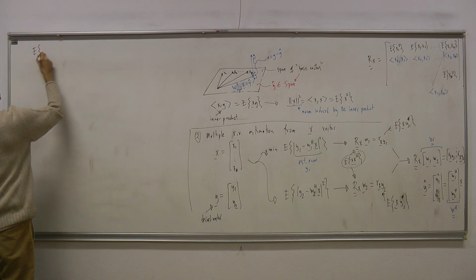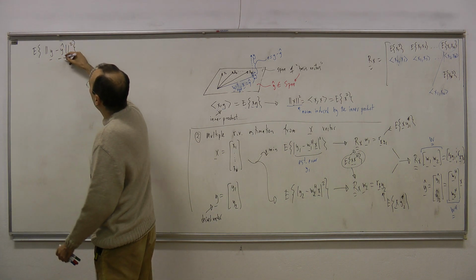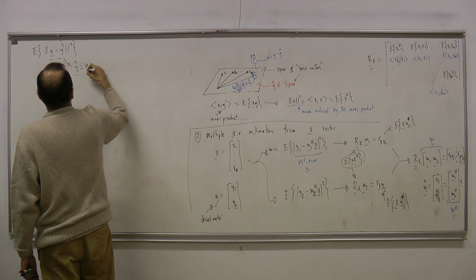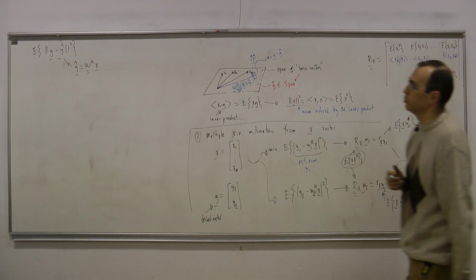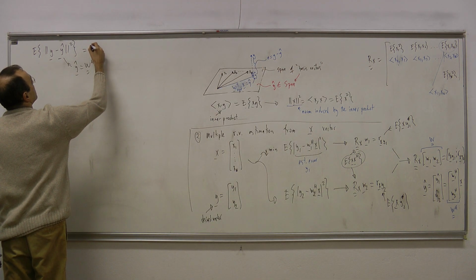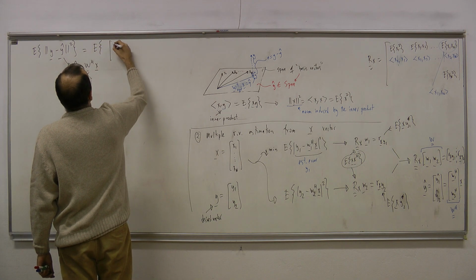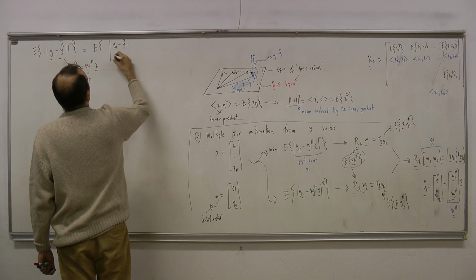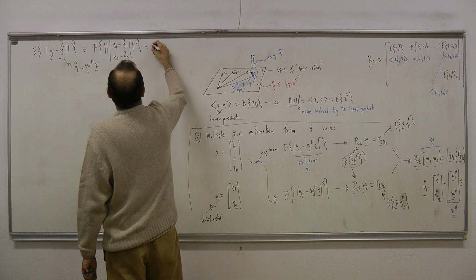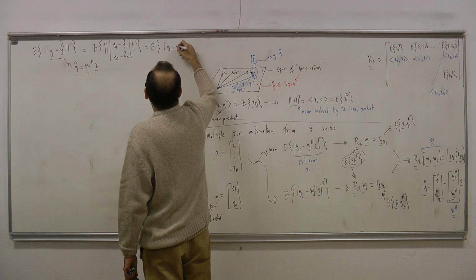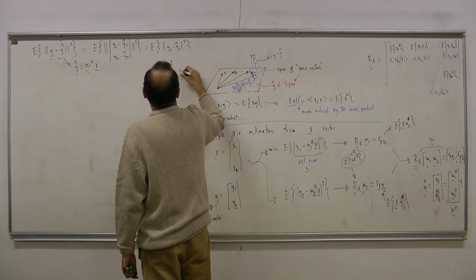So, expected value of y minus y hat, where y hat is W Hermitian x, a linear combination of elements of x, is nothing but in this case y1 minus y1 hat norm square plus y2 minus y2 hat norm square.